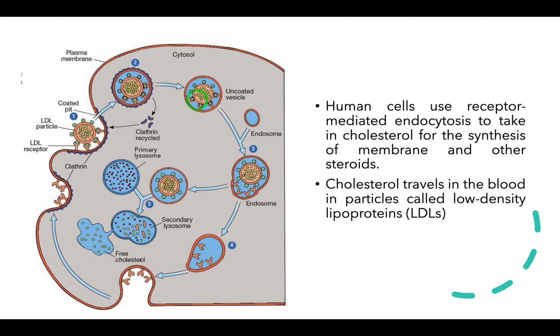The proteins involved in the coated pits go back to the plasma membrane to assist in another possible round of endocytosis. The vesicle is then met by endosomes and lysosomes to digest this cholesterol for the cell to use. The receptors will then go back to the plasma membrane to do their function again.